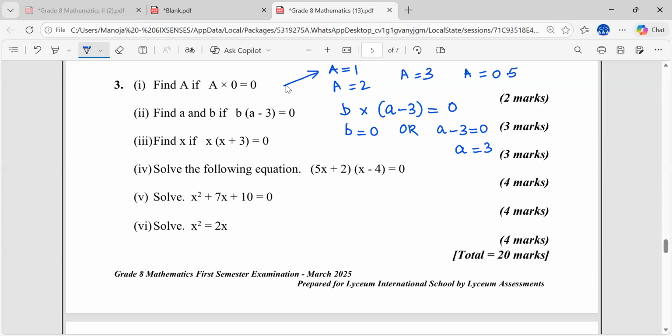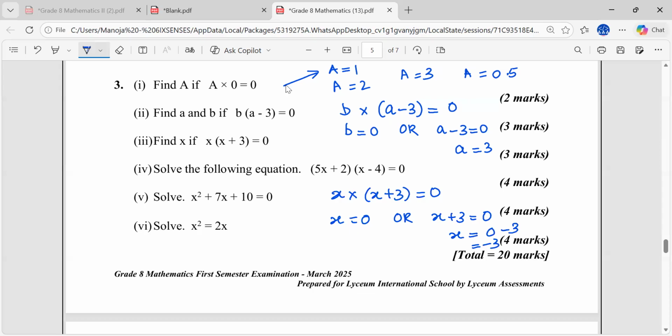And the same way the next one, x multiplied by x plus 3 is equal to 0. To get the answer 0, either x should be equal to 0 or x plus 3 should be equal to 0. So then x is equal to 0 minus 3, that is minus 3, right?